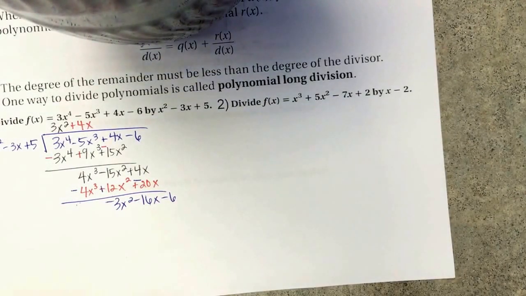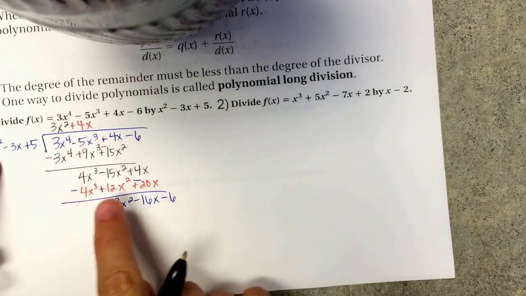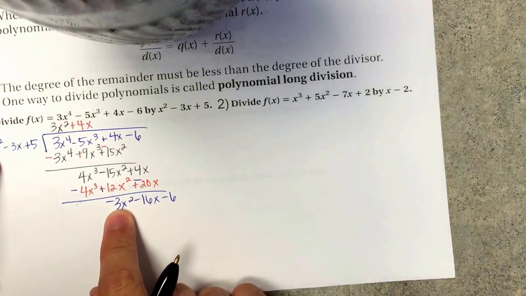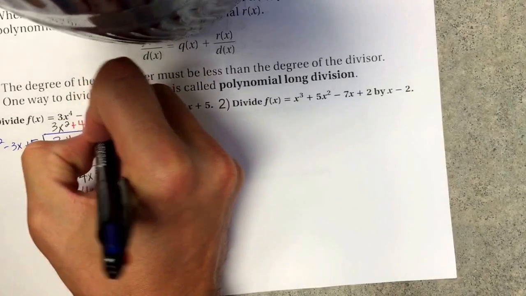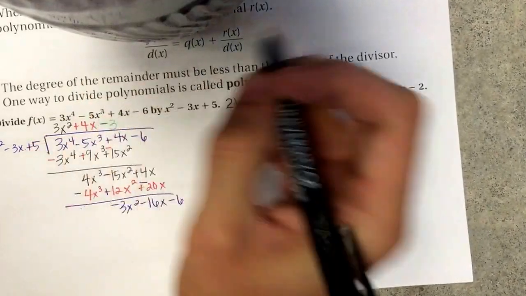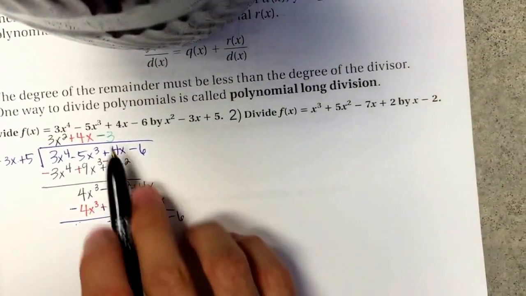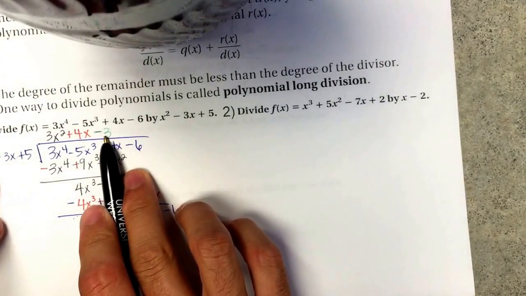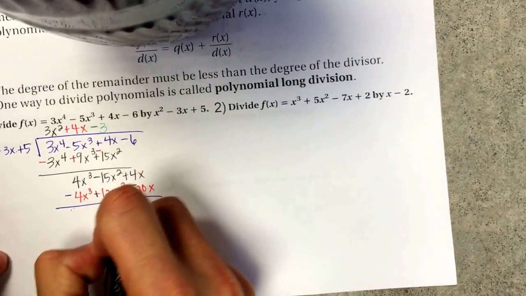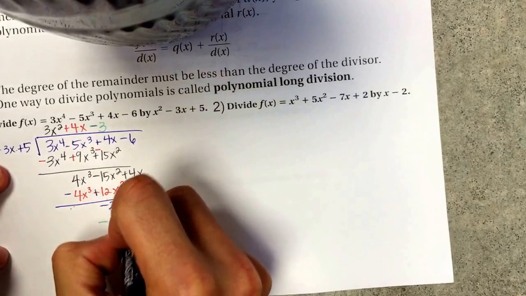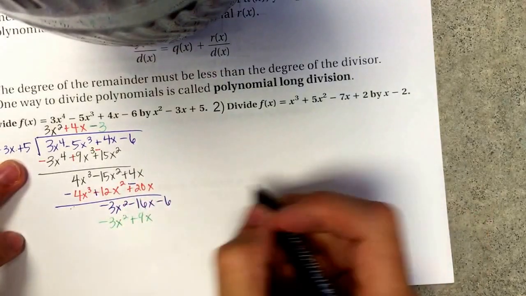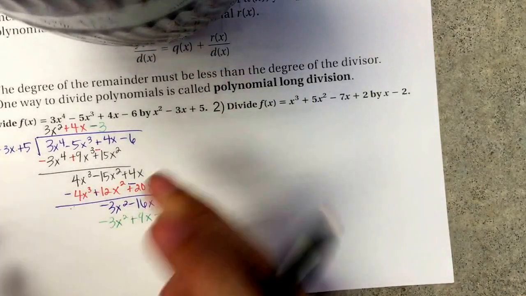Now we go through the same process one more time. X squared goes into negative 3x squared, negative 3 times. And we're going to distribute. Negative 3 multiplied by all 3 of these. So a negative 3x squared, a plus 9x, and a minus 15.